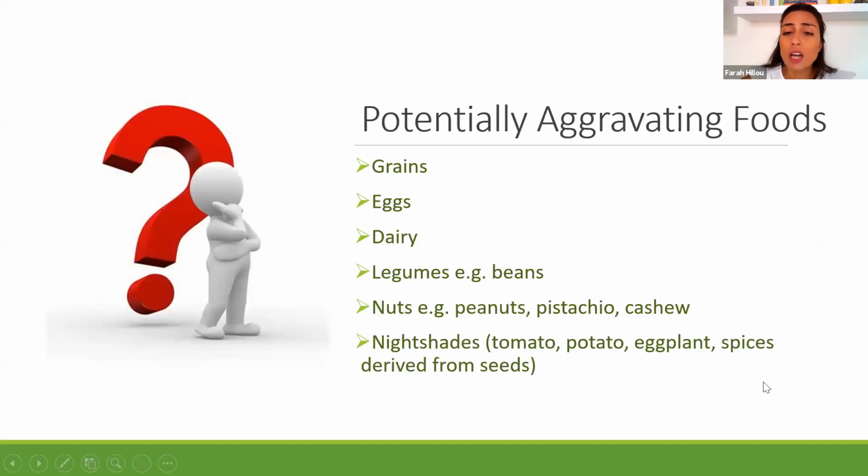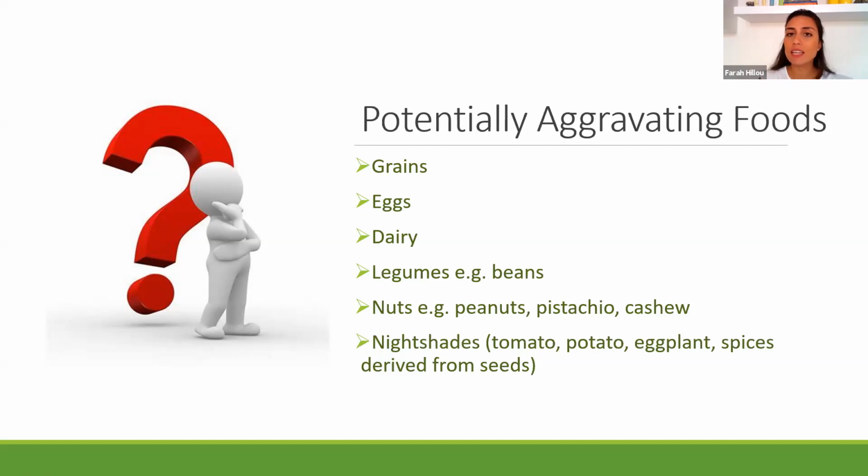There could be some other potentially aggravating foods for individuals with autoimmunity, thyroid autoimmunity, such as grains, so any grain, even rice, oats, and there are a lot of foods that can also have cross-reactivity. So even if they are gluten-free, like rice and gluten-free oats, they can still act like gluten.